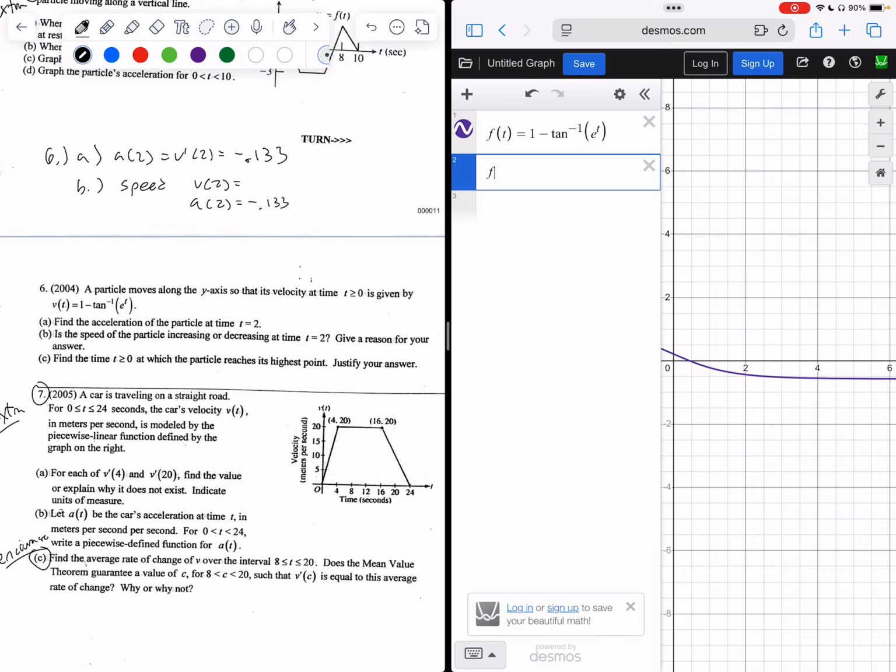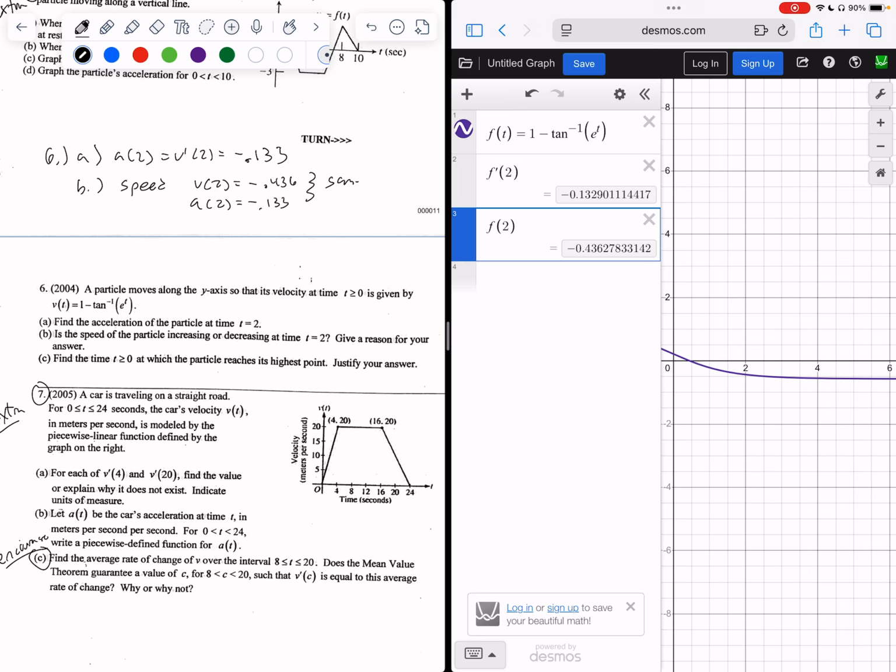So remember, we already found the derivative at 2. I just need to find the value at 2. That's my velocity. And it's also negative. It is negative 0.436. So notice they are the same signs. So we would say that the speed is increasing.